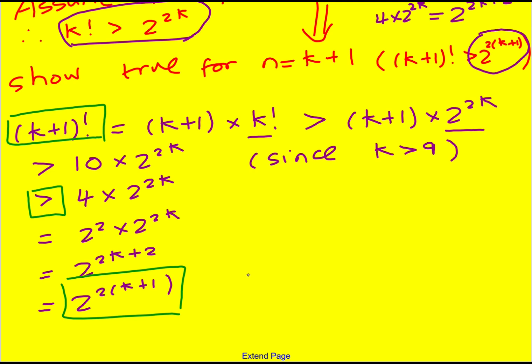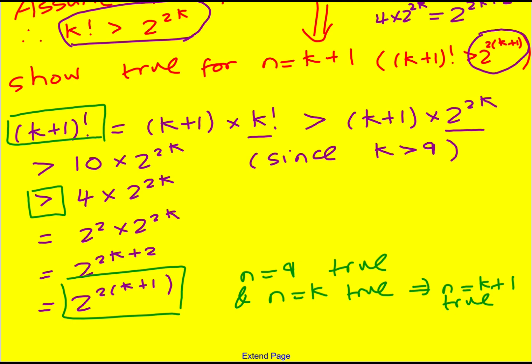So n equals 9 is true, and n equals k true implies n equals k plus 1 true. So in fact, 9 implies 10, which implies 11, and so on.